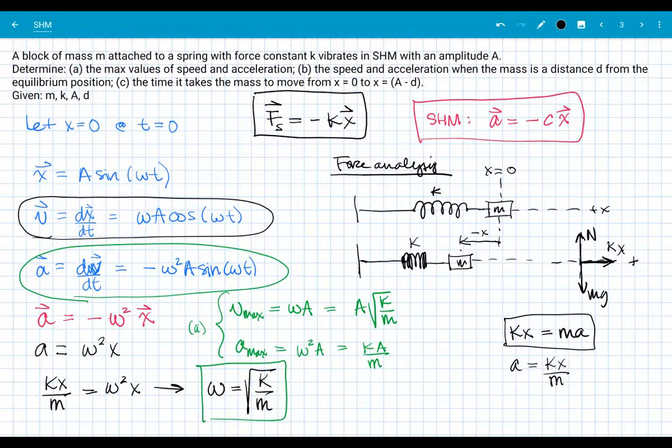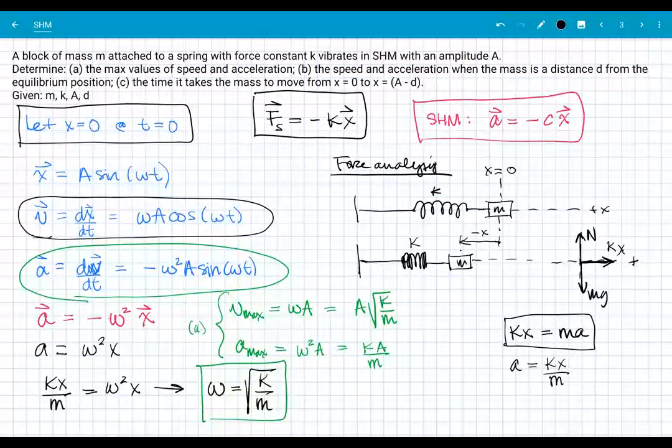Now, part C here asks us for the time it takes the mass to move from equilibrium, x equals 0, to x equal a minus d. And I'll be honest, this is one of the reasons that I chose my initial condition to look like this, x equals 0 at t equals 0, because then all I have to do is find the time when the position is equal to a minus d. And I know that's the answer to part C. I don't have to subtract anything else because I started my clock at x equals 0.